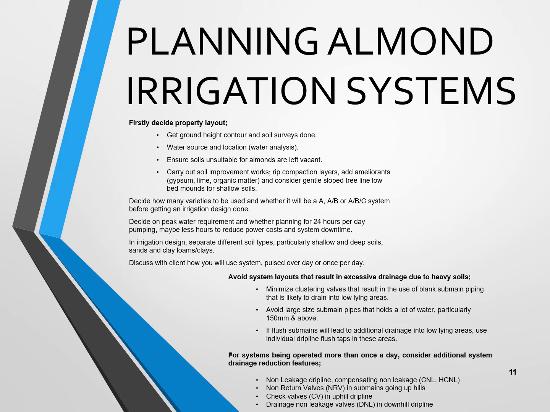Avoid large submain size pipes that hold a lot of water, particularly 150 mm and above. If flushing submains will lead to additional drainage, use individual drip line taps rather than a collection manifold.